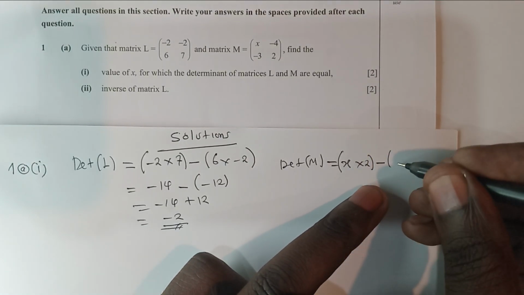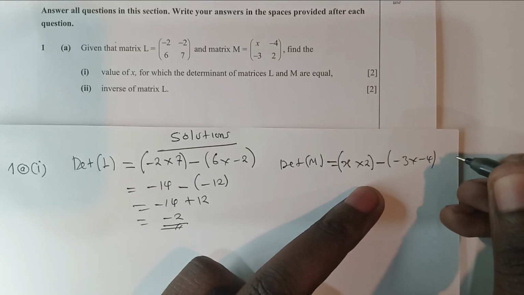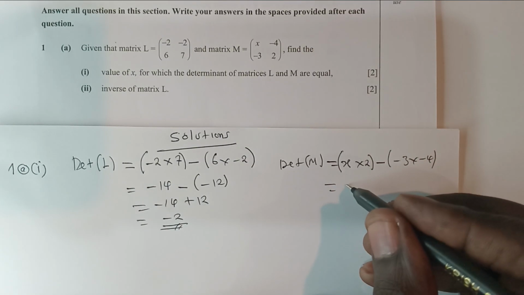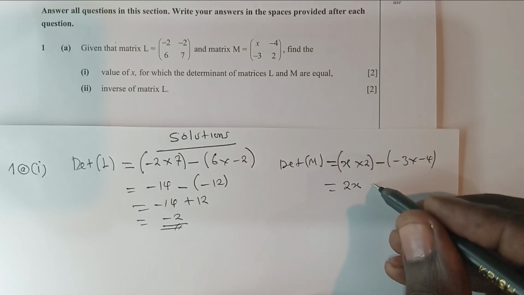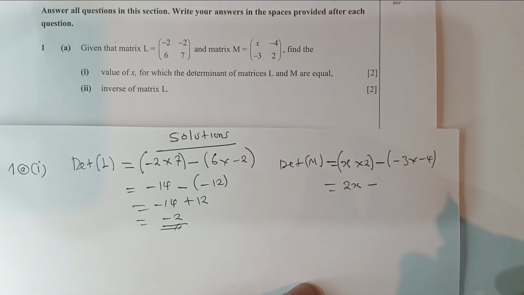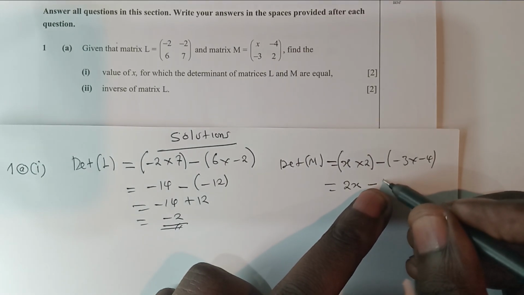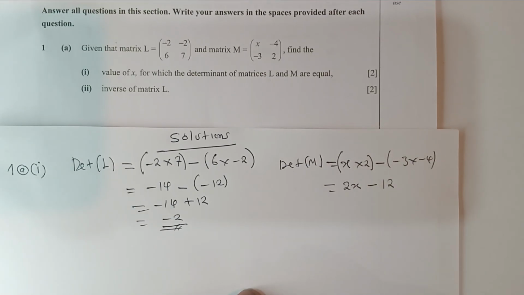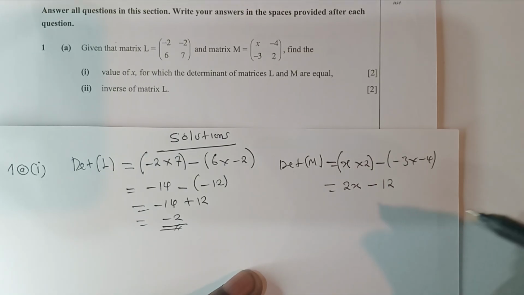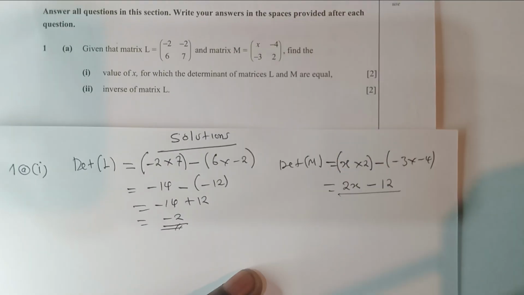So we are going to say -3 times -4. So this will come to x times 2, we get 2x, then we have a minus here, -3 times -4, we get 12. So there's a minus here, so it will be -12.